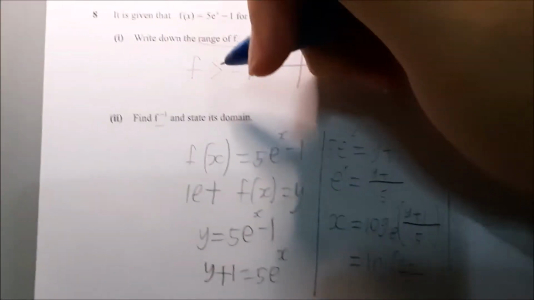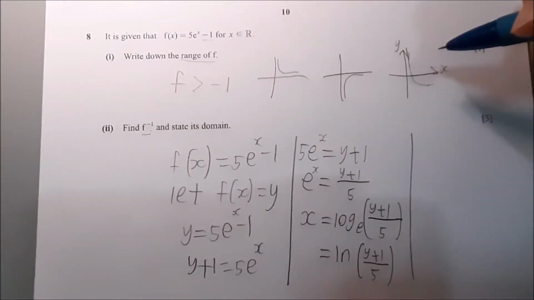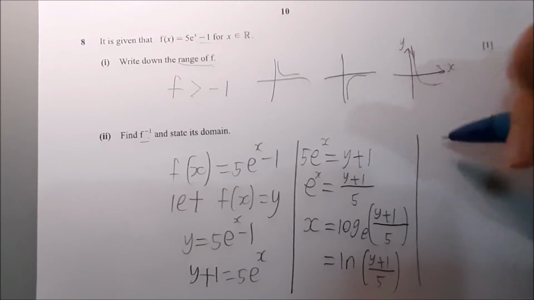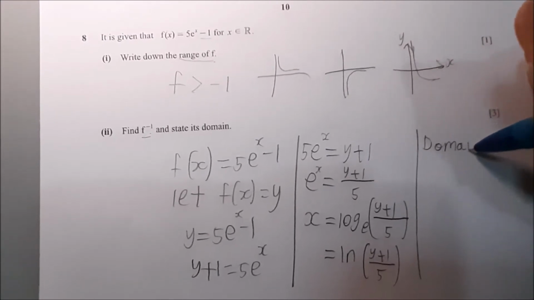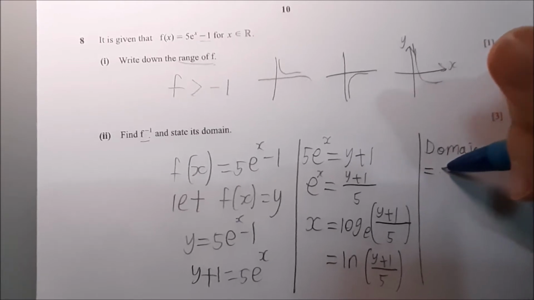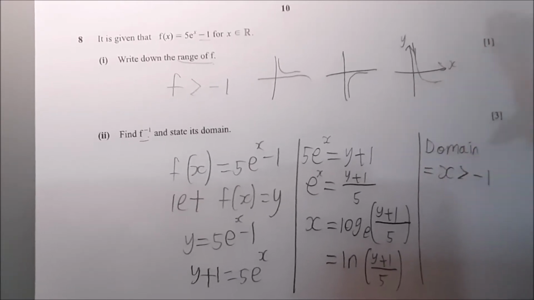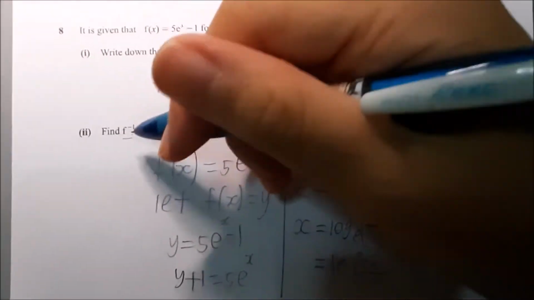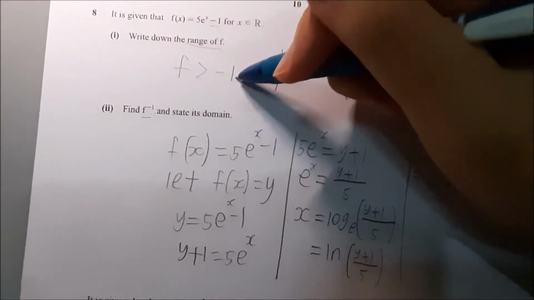So the domain of an inverse would be the range of the original. So the domain of this graph would be x is bigger than minus 1, as the domain of the inverse of a graph is the range of the original graph.